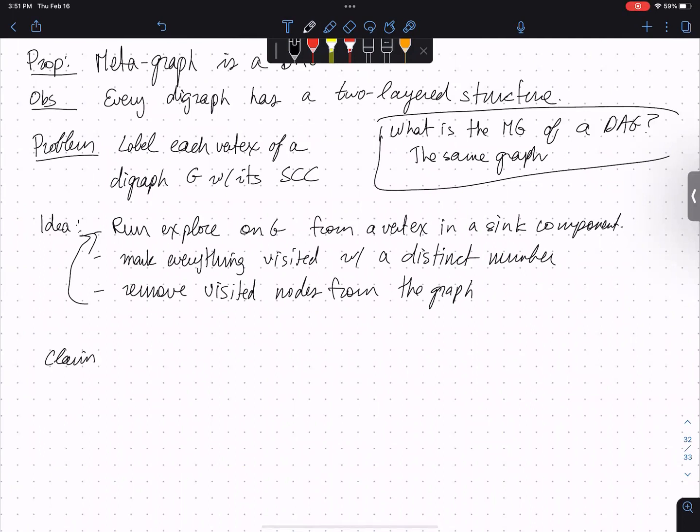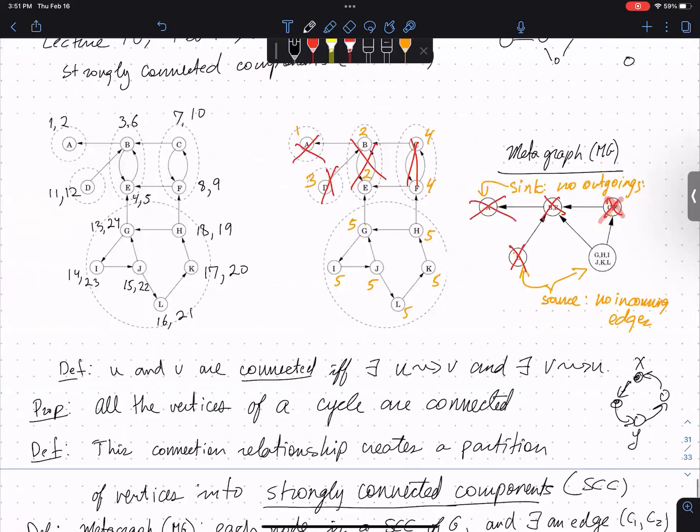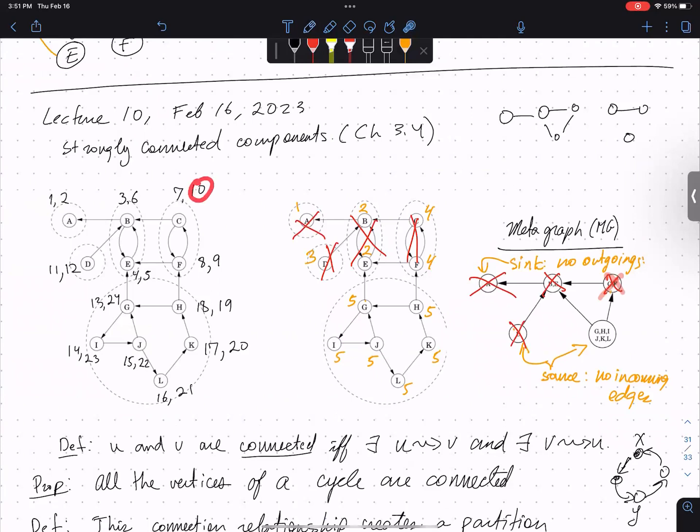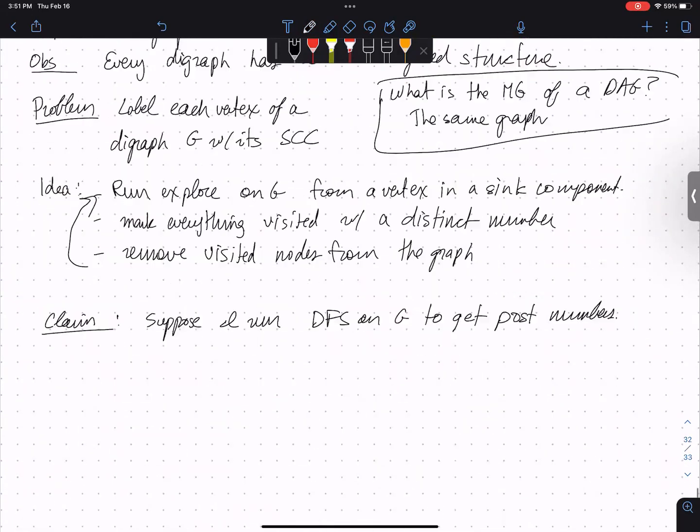I have the following claim. Suppose I run DFS on G to get post numbers. These post numbers are the things that we got here. So let's say I have those.